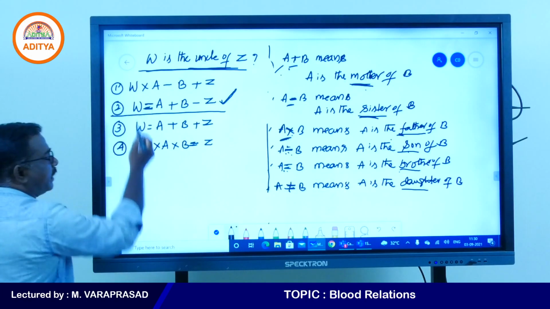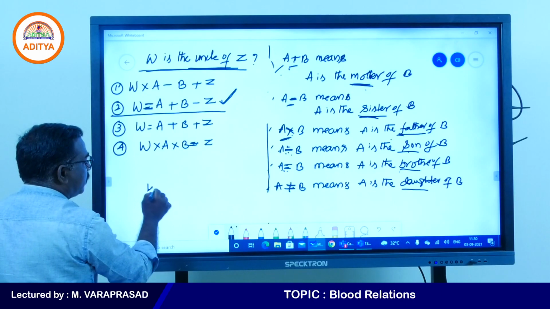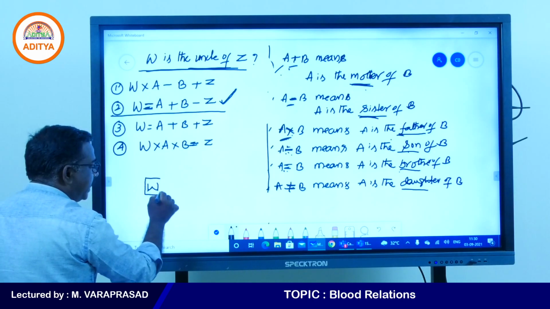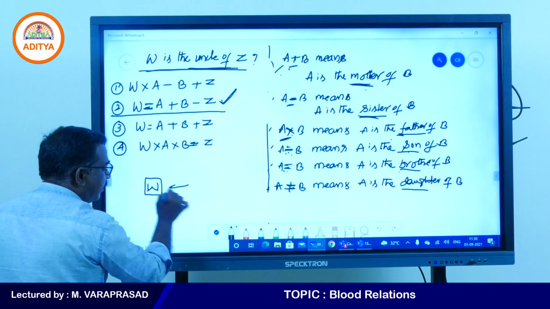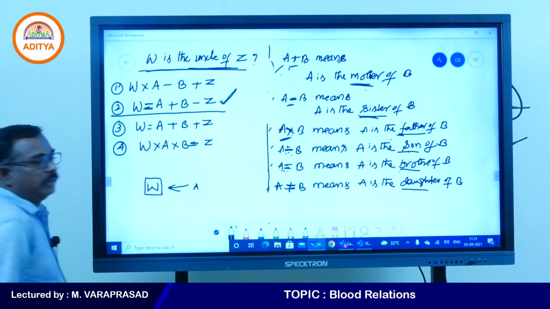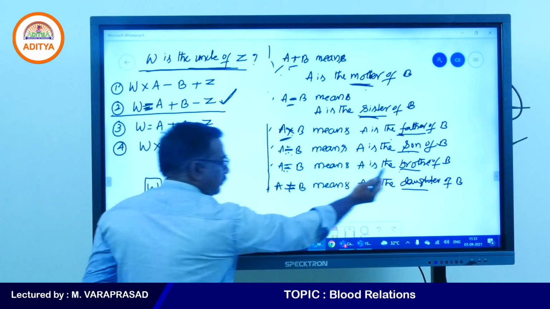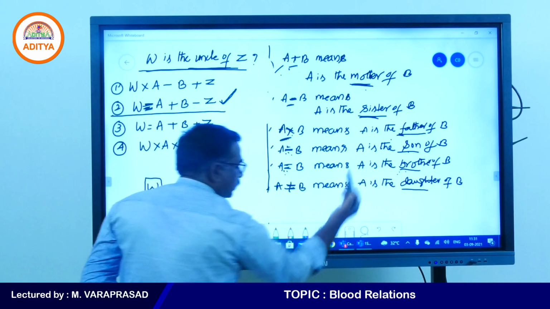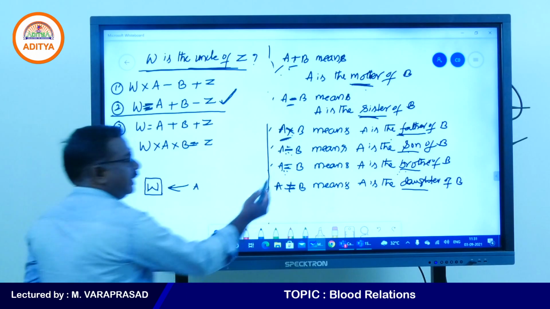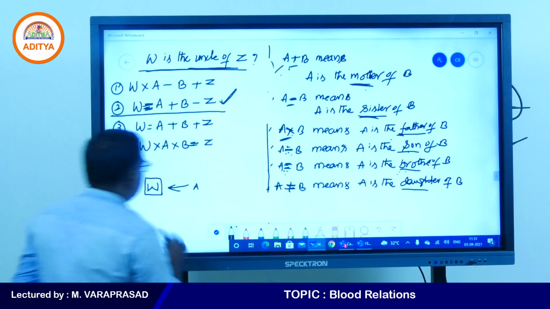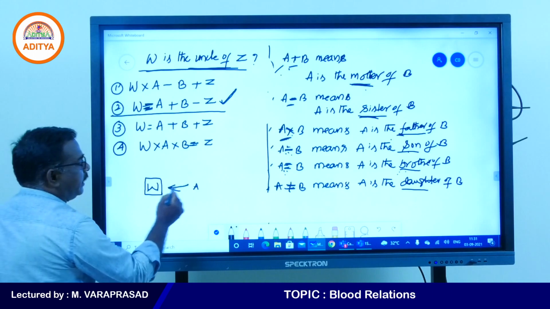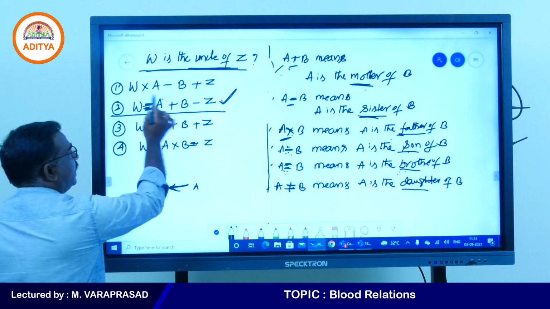So W is brother of A. So this relation is completed.